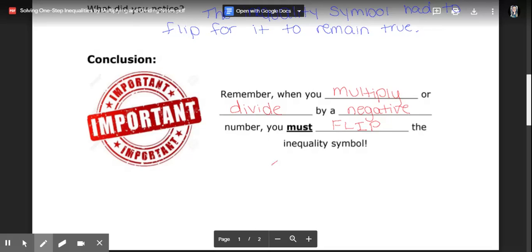So instead of saying less than, it would turn into a greater than, or if it was a greater than, it would turn into a less than. That's what I mean by switch. They have to kind of flip-flop. All right, let's go through some examples.